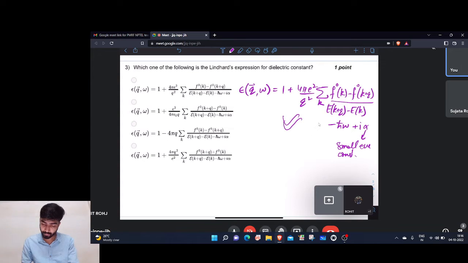This can also be seen directly from the coefficient, that is the potential form given to us, 4 pi e square by q square, which is only available in the first option. So epsilon of q, omega in the Lindhard expression is 1 plus 4 pi e square by q square, and the summation goes as follows.